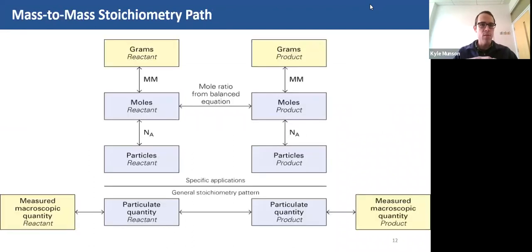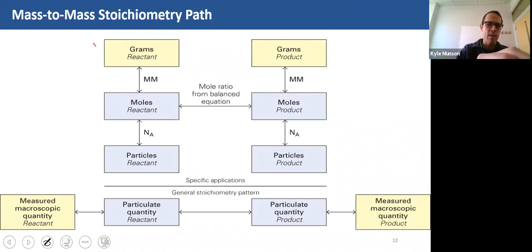This is a big chart that you can use as a way to process through these problems. Let's say you're given grams of a reactant, and you want grams of a product. The steps, and we're going to do plenty of examples together, are: convert grams to moles by using the molar mass of the compound.